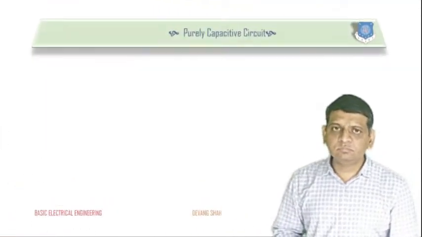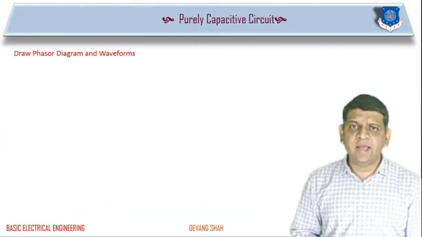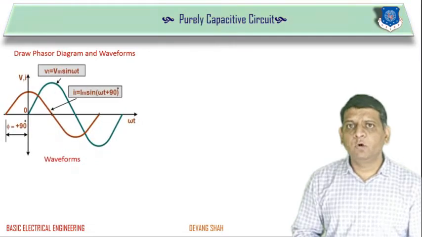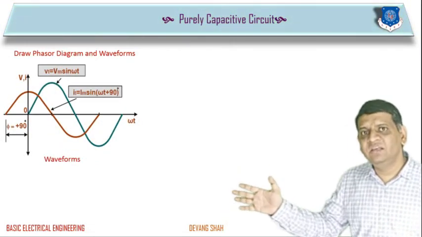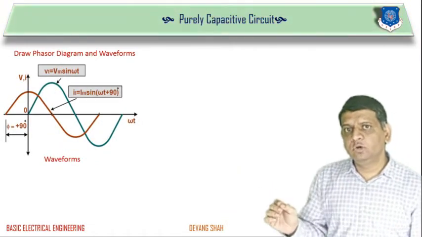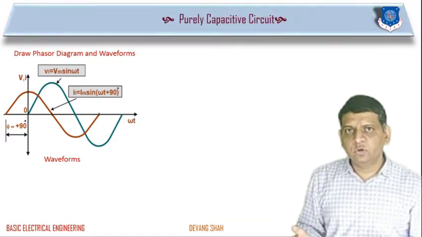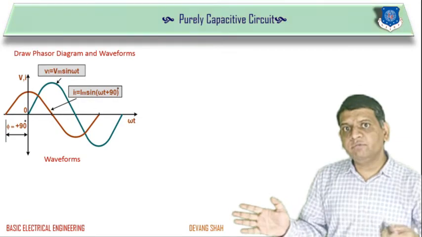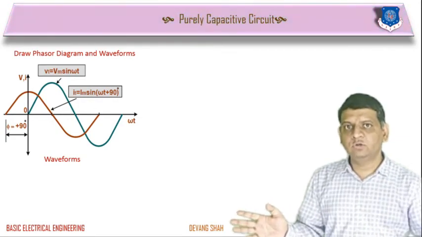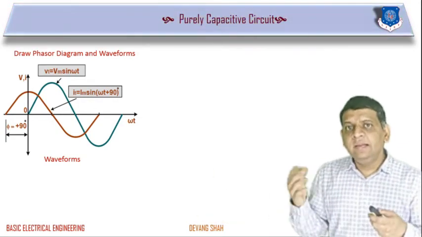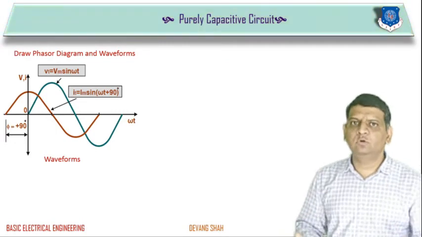Right, now let's discuss the diagram and waveform of this purely capacitive circuit, where you can see here the voltage starts at the angle 0, but before that current has already started at plus 90 degrees. So here I can say the current is ahead by angle 90 with respect to voltage, or I can say current leads by angle 90 with respect to voltage v.